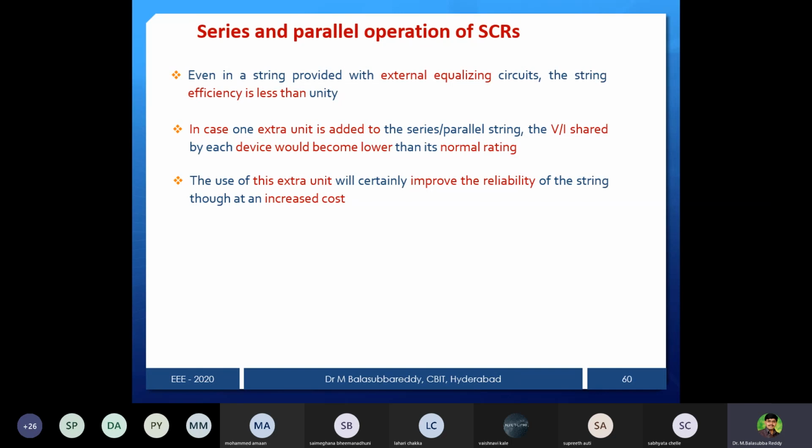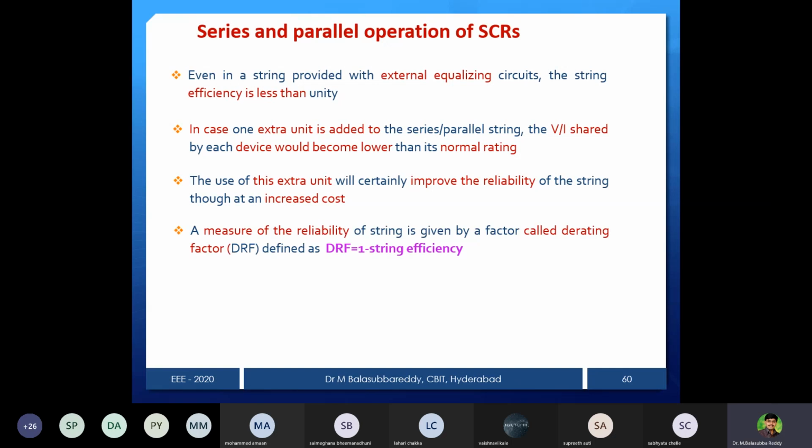But how many devices need to be connected in series or in parallel, and what extra circuit we need to add with the string, will decide that. You can see one more measurement parameter here: the reliability aspect. Here the reliability term will lead to a cost that will be more when compared to the normal case.